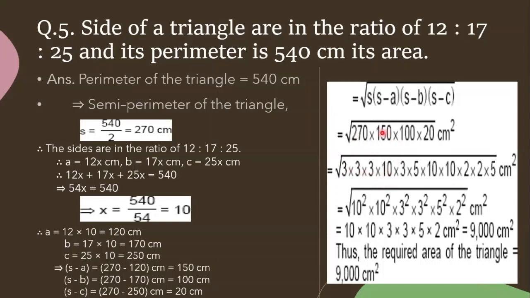Am I clear, children? And 150 is a product of 3 into 5 into 10. And this 100 is a product of 10 into 10. I can write 20 as 2 into 2 into 5. Then write this in the pair of same powers. So here there are 2 tens. I can take it as 10 square.